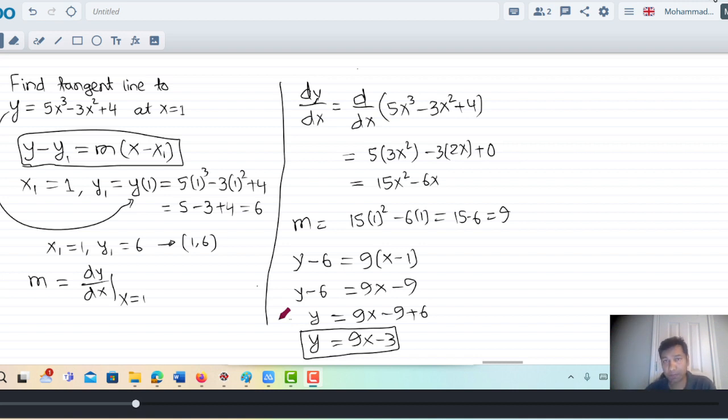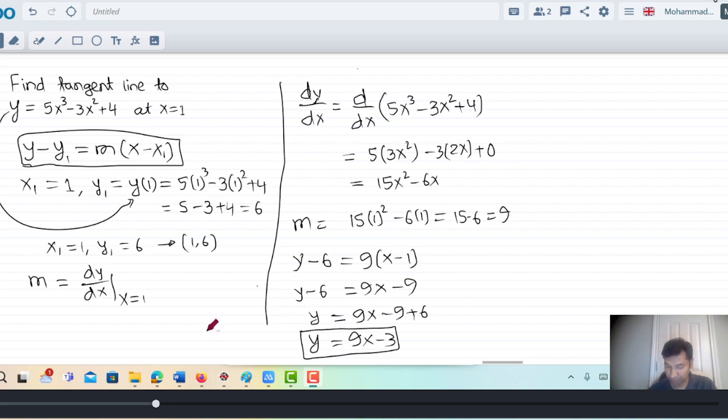Here the x coordinate is 1, the y coordinate is 6. We can find it by plugging into the given curve, and we need to find the slope m at point x equals 1. How do we find the slope? We need to find the first derivative of y and then plug in the x value, and we get the slope m equals 9.